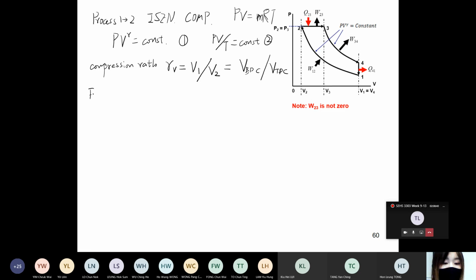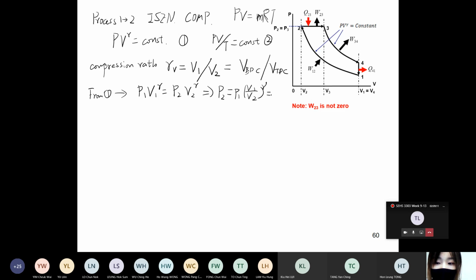So from equation 1, what we can obtain is PV^gamma constant. So P1 V1^gamma equals P2 V2^gamma, right? If we rearrange it, we have P2 equals P1 (V1 over V2)^gamma.